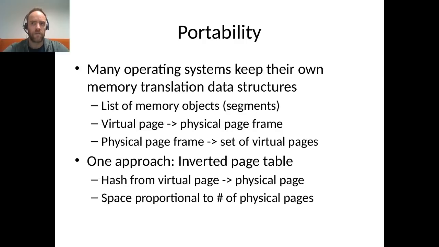For example, if we do a process context switch, the segment tables are copied from the process descriptor or main memory into the hardware tables. And similarly with the page tables.